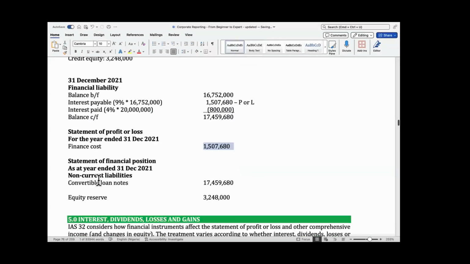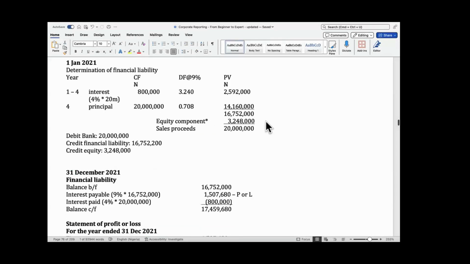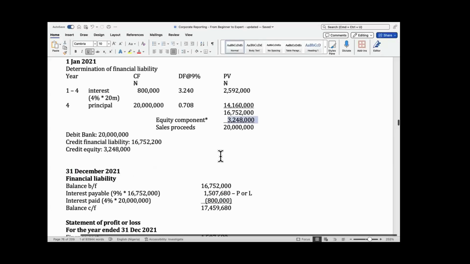In my statement of financial position, in my non-current liabilities, my convertible loan note is 17.4, which is this we got here. Then under equity, I have equity reserve of 3.2, which is the balance here from my workings up here. And that's the end of this question.